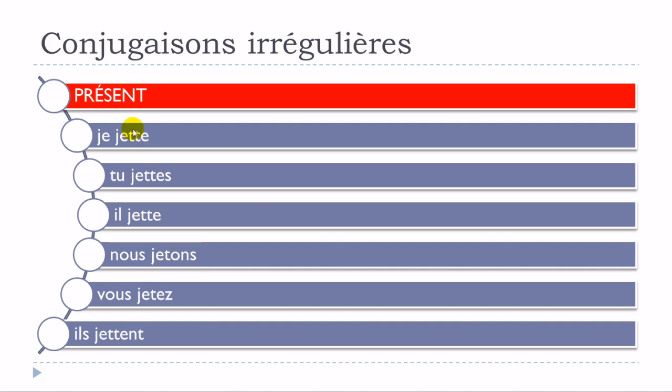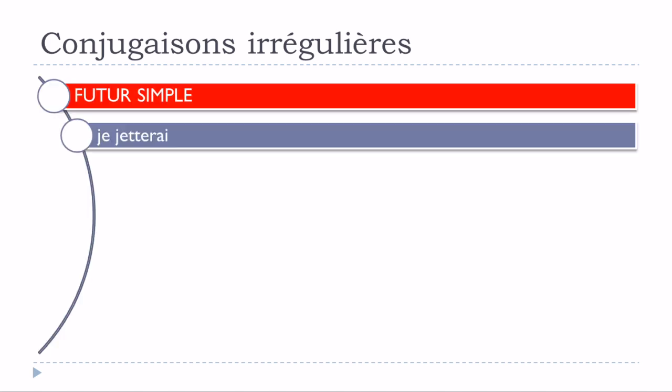Normally you should have only one, and by putting two t's, it opens the sound of this e, so you get jette. Je jette, tu jettes, il jette, and here you don't touch it: nous jetons, vous jetez, and then back to the change, ils jettent. So you double this letter T here.